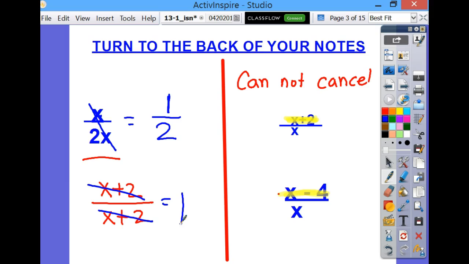But there's adding glue on both of them. So if you have the term that's the same, you can cancel the whole term. So this is when you can cancel, and this is when you cannot cancel. Got the difference? Because what we're going to be doing on the problems is we're going to be factoring and canceling. That's how you reduce.